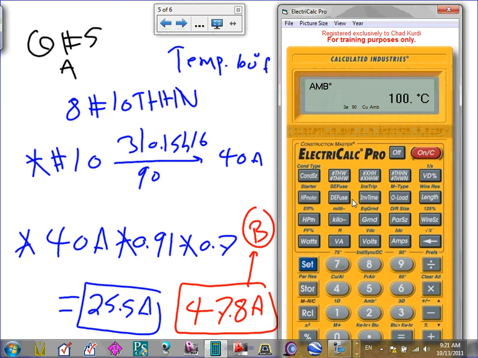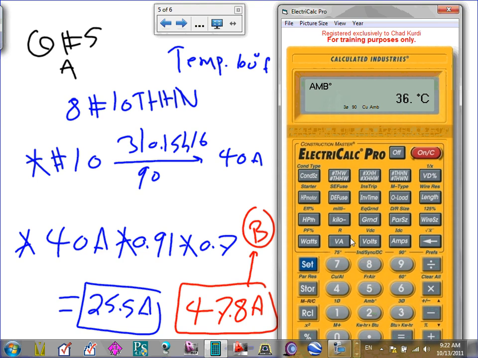You might convert using the calculator. Okay, let's just say 36. Set ambient temperature. It's still doing it in Celsius. Yeah, 36 Celsius is close to 100.